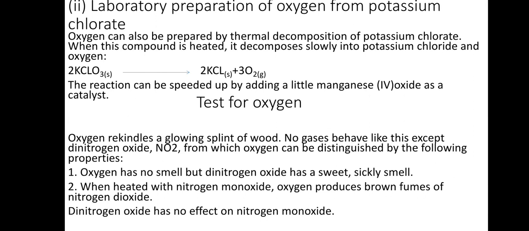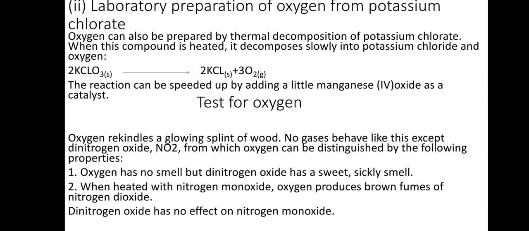Now let's see the test for oxygen. The test for oxygen is that oxygen rekindles a glowing splint of wood. No other gas behaves like this except dinitrogen oxide, from which oxygen can be distinguished by the following properties: oxygen has no smell, but dinitrogen oxide has a sweet silky smell.